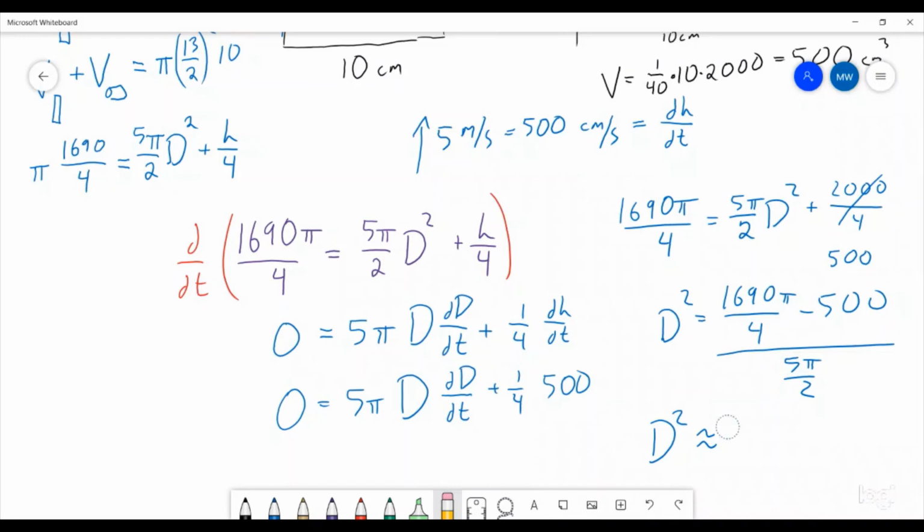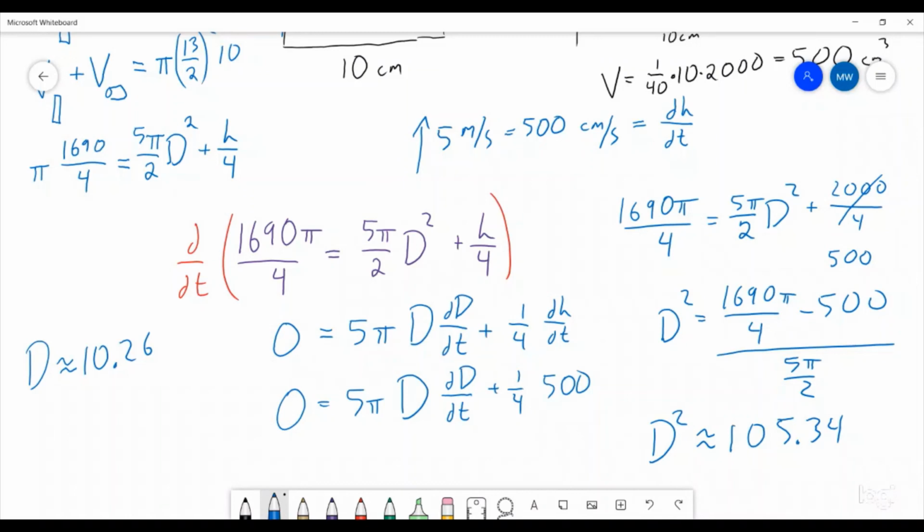D squared is about 105.34, which means that D is about 10.26. Okay, so there we go. We have the diameter at that specific instant.